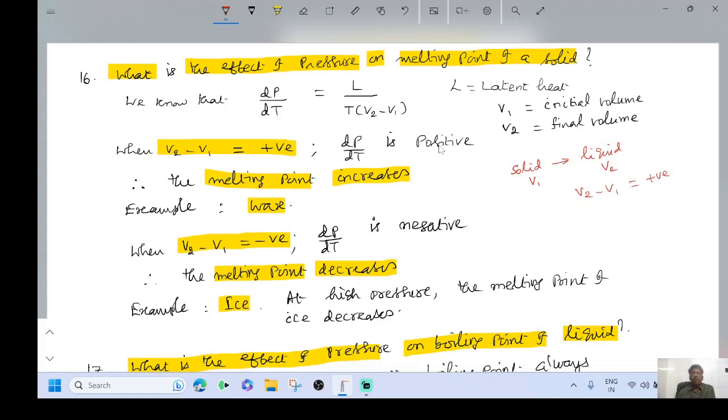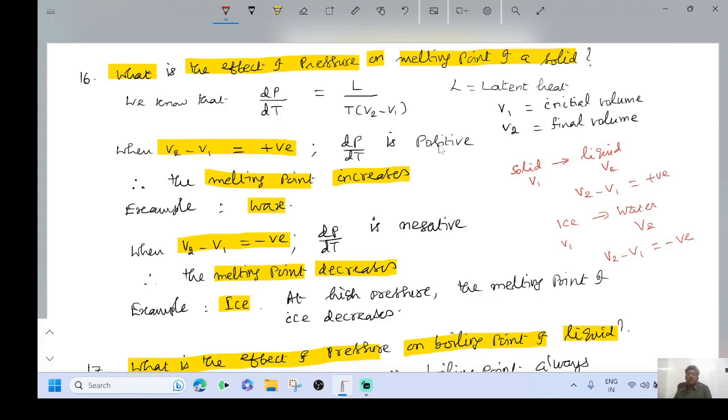But if you go to the conversion of ice into water, ice to water, V1 is the volume of ice, V2 is the volume of water obtained. V2 minus V1 is a negative quantity because the volume of water obtained is less than the volume of ice taken.